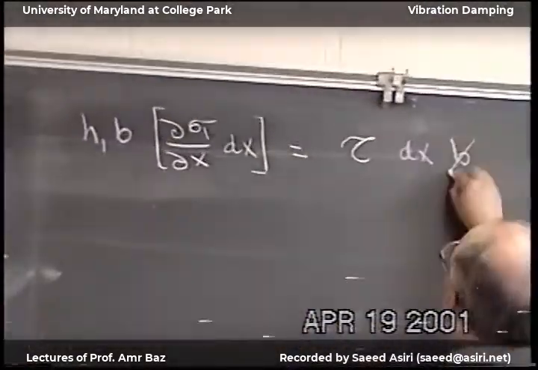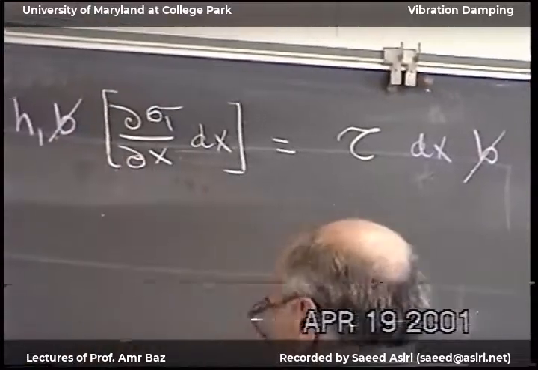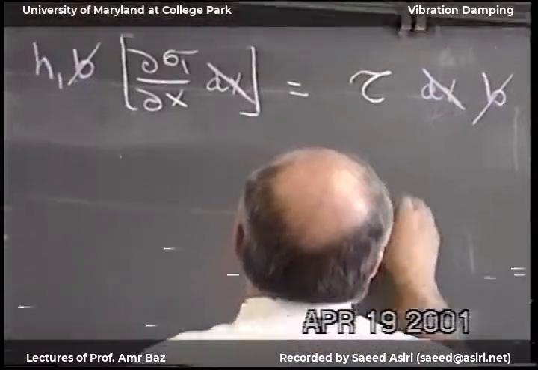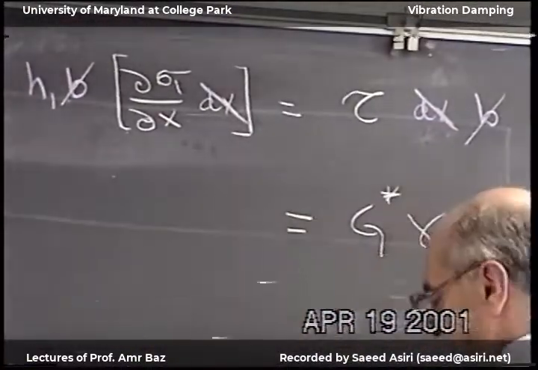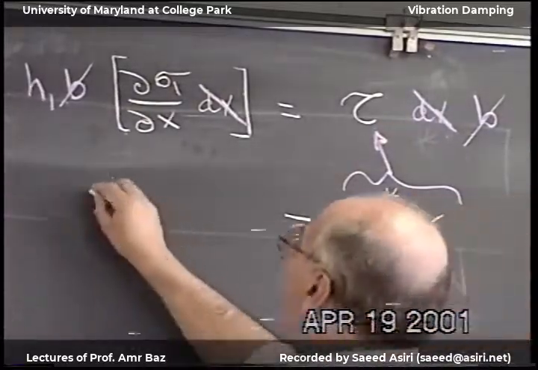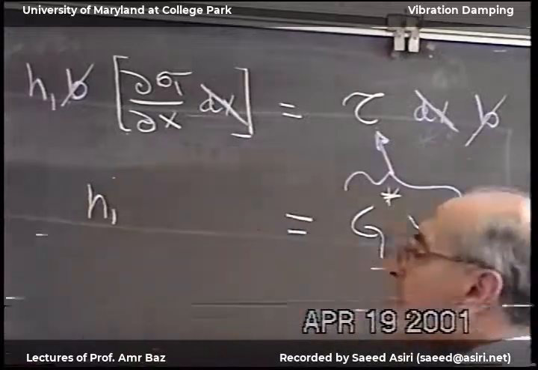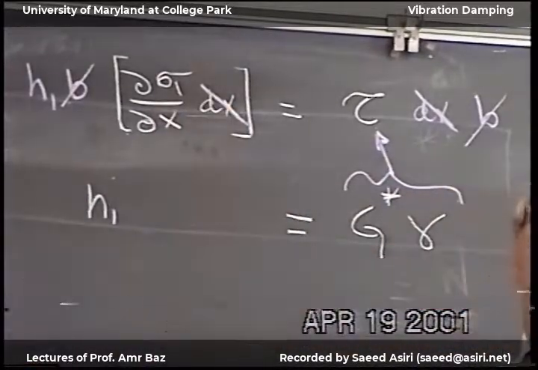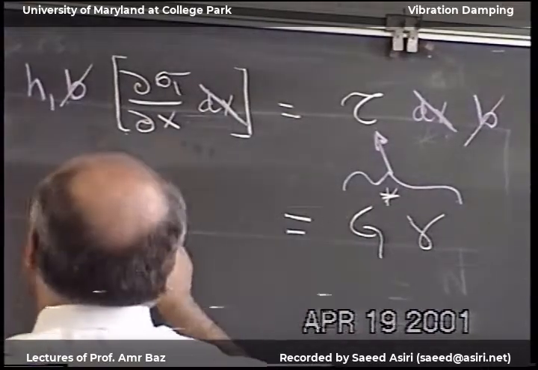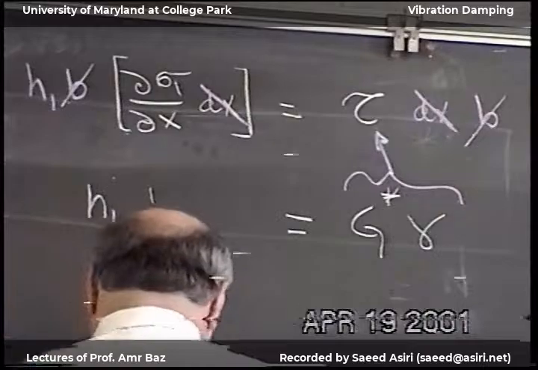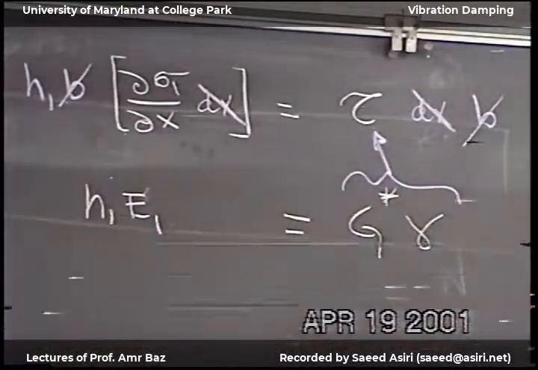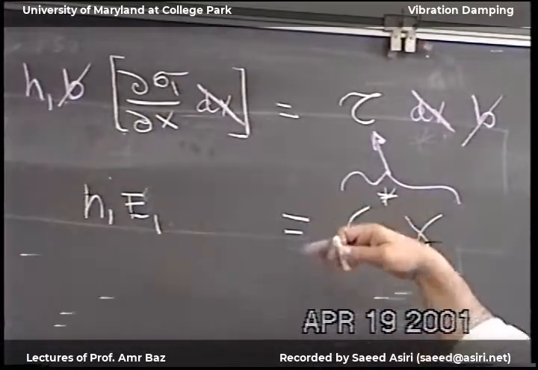So now this will cancel with this. This will cancel with this, and we'll have the shear stress, which is G gamma, equal to H1 times the partial of Young's modulus of the top layer times the strain, or the derivative of the strain.